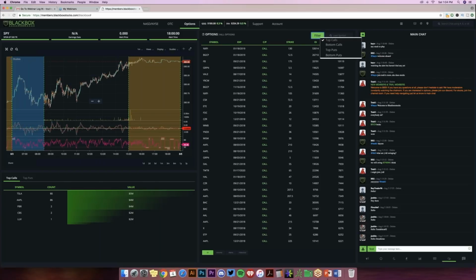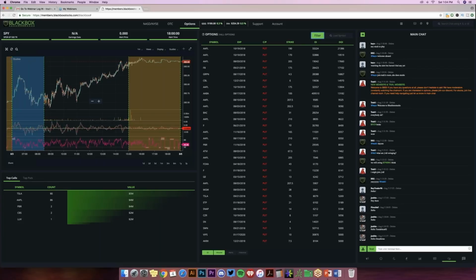Then if you go back to the filter button, you can click top puts. For Apple, for instance, there are 21,386 contracts that are still open. So that filter button is really important in terms of filtering what information you're looking at. So that's the open interest tab.